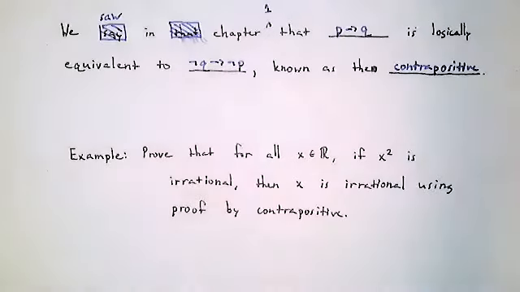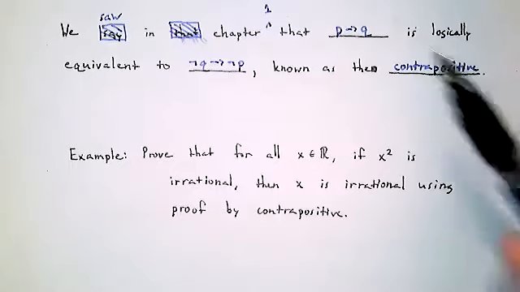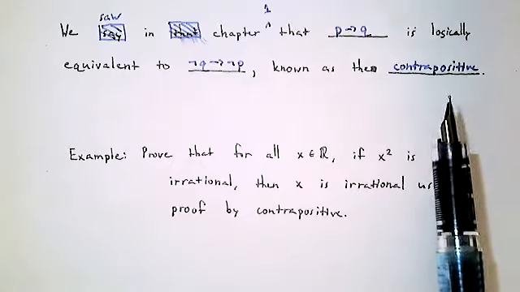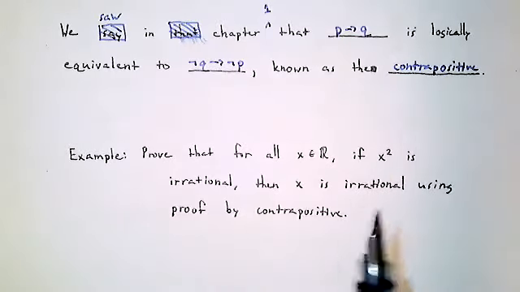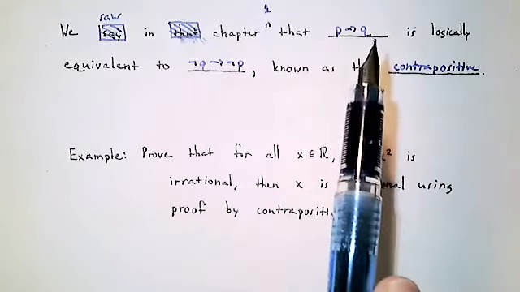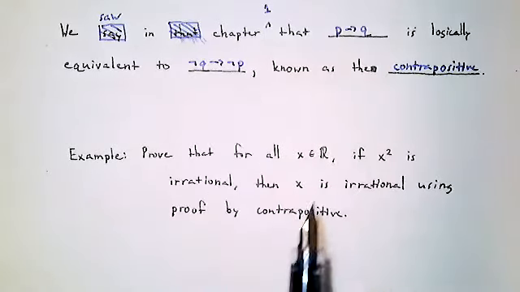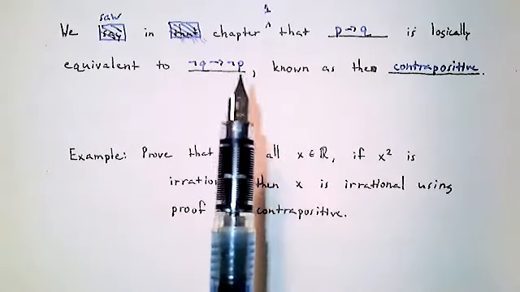And on this problem, in order to get rid of the x squared, we would have to also take a square root. So in order to avoid that difficulty, we want to think in a backwards way, using the contrapositive. We want to assume that the conclusion is false and try to show that the hypothesis is also false.